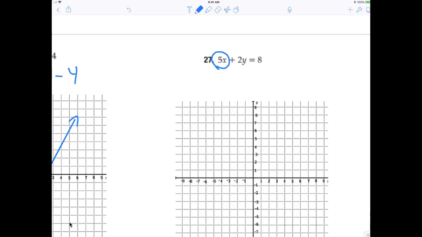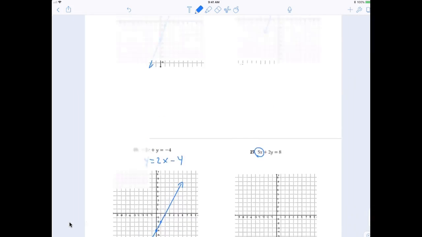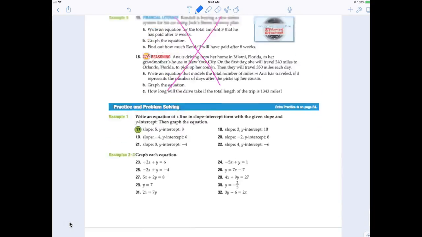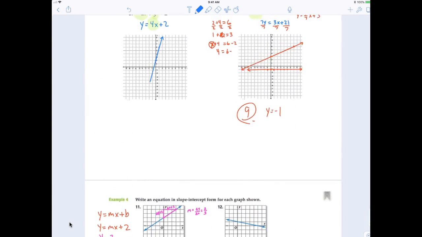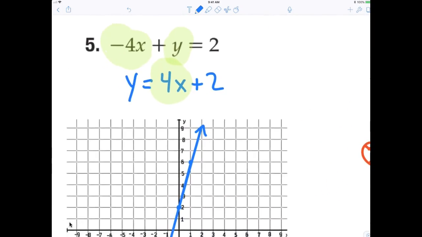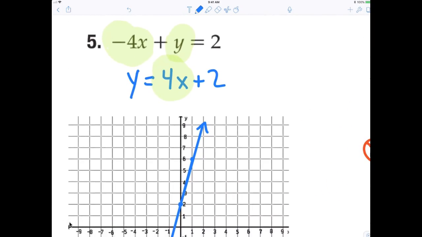So what do I have to do? Let's refer back here, when the problem was right here. What did I have to do? Right, I have to get rid of that.